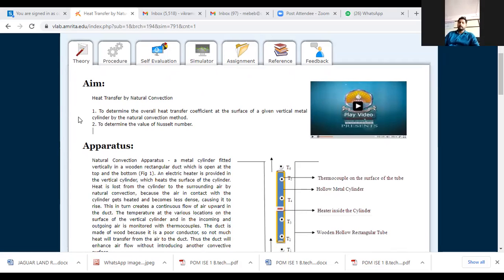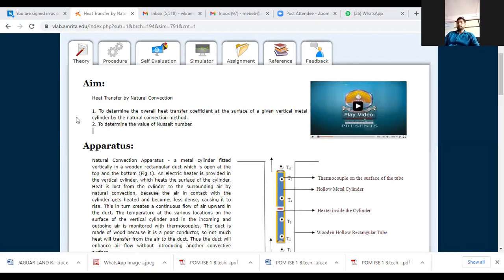As we know, in the third year, second semester, we learned the heat transfer subject, and in that subject we learned about the modes of heat transfer. The first mode is conduction heat transfer, the second is convection heat transfer, and the third is radiation heat transfer. These three modes of heat transfer and the heat transfer rate for various geometries we have discussed in the subject.